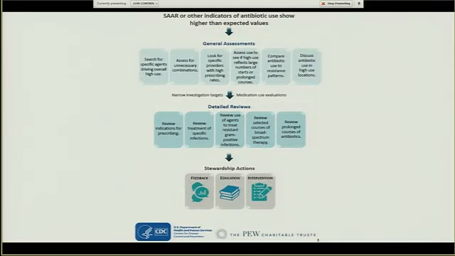If you start at the top, in our example, we'll pretend that we have a high SAAR value, and then your general assessments. Many of these different categories aren't applicable to data within the SAARs, but if you look at the two outside boxes, the search for specific agents driving overall high use, if you have a high SAAR, you can drill down to see what agents are contributing to the predominant use within that SAAR category.